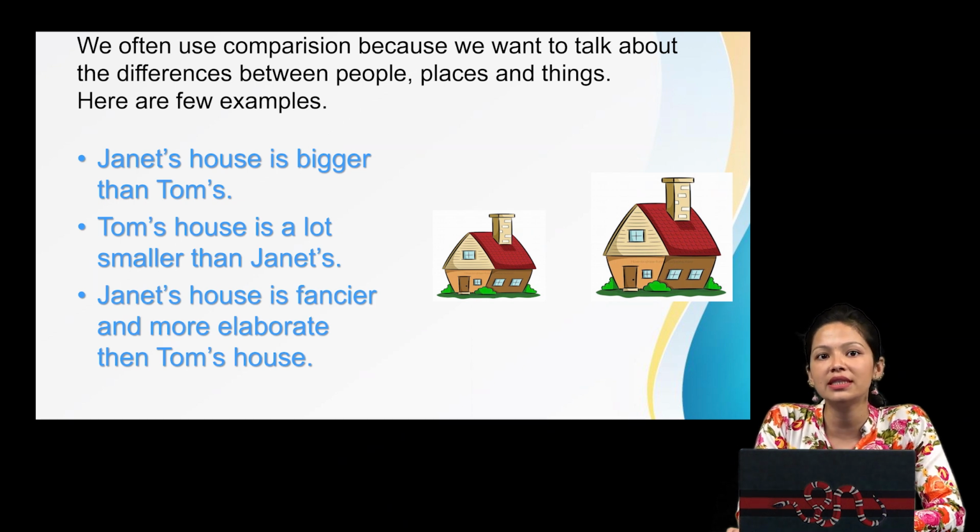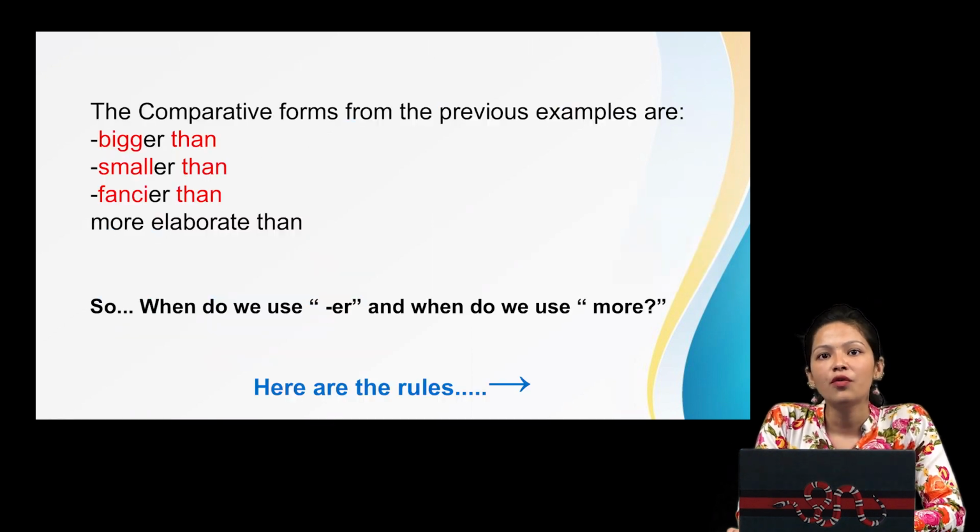Janet's house is fancier and more elaborate than Tom's house. So bigger, smaller, fancier and more elaborate are all forms of adjectives. Okay. These are uses of both comparatives and superlatives. Now the comparative forms from the previous examples are bigger than, smaller than, fancier than, more elaborate than.